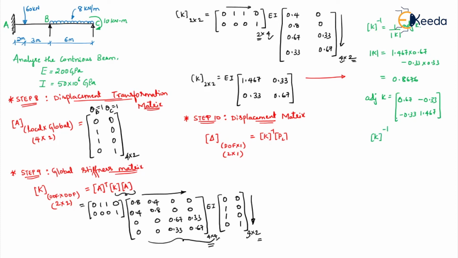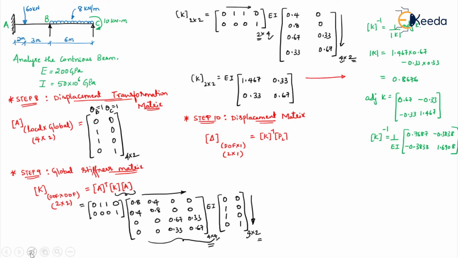Divide these values by 0.8676. So 1 by EI will be the common term. The values you will get are 0.7687, minus 0.3838, minus 0.3838, and the last one will be 1.6908. So this is your K inverse.